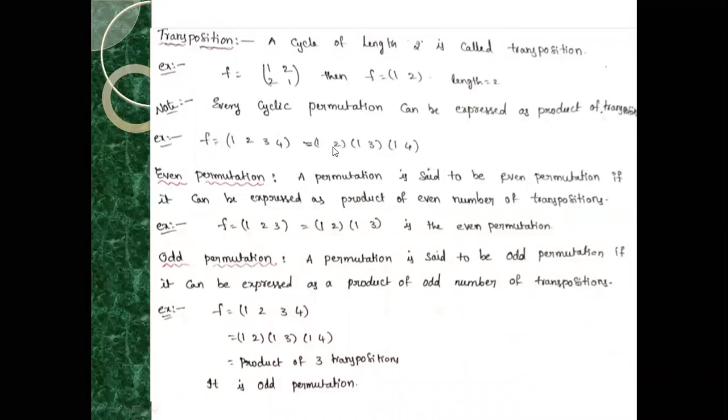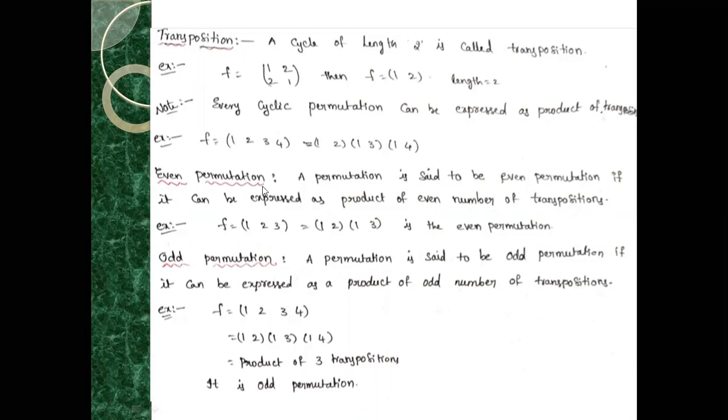Transposition means the cycle length is 2. So the given cyclic permutation can be expressed as a product of transpositions: (1 2)(1 3)(1 4).